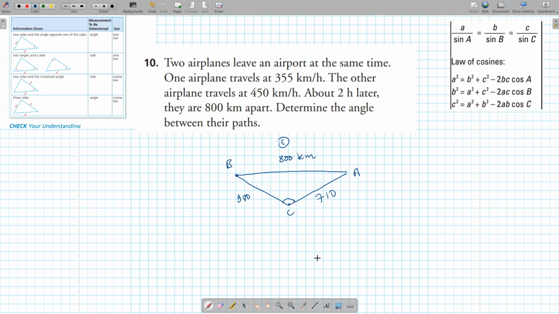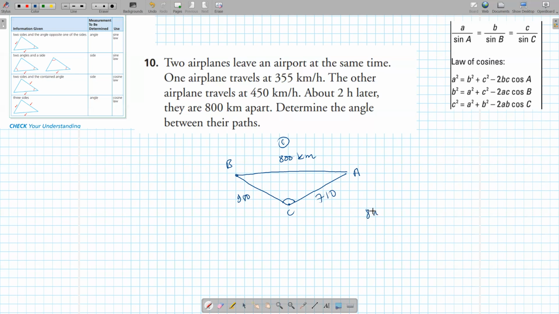Do you use cosine? Yes, you do. Which cosine? First, second, or third? Third? Correct.